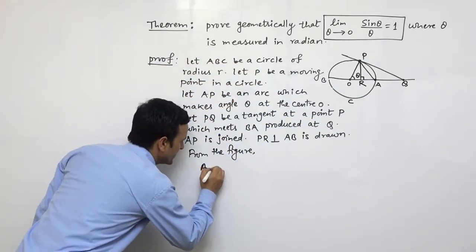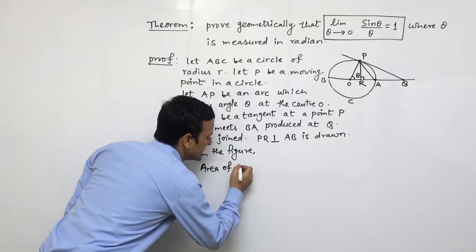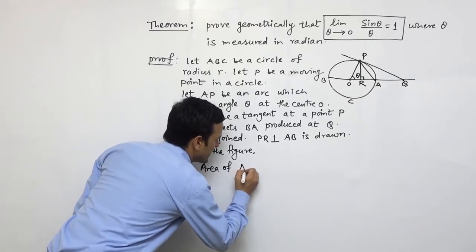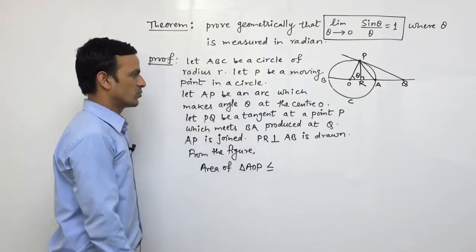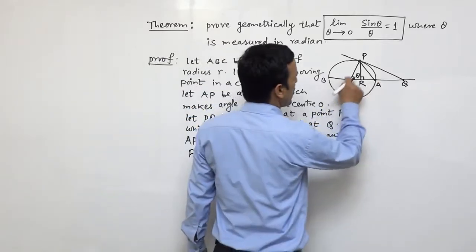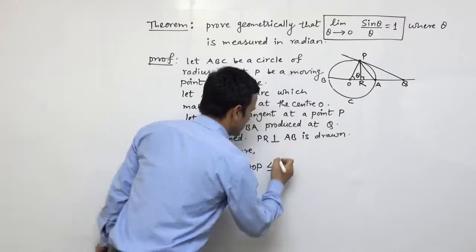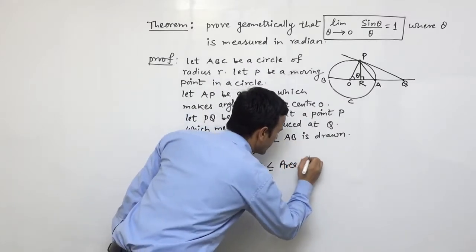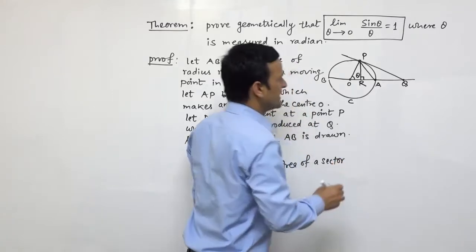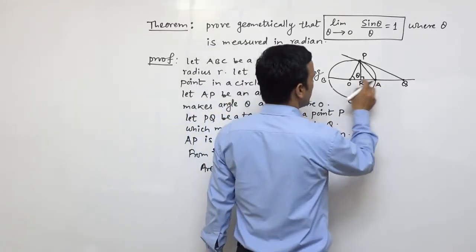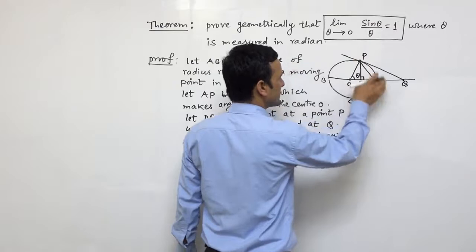So write down area of a triangle. Area of triangle AOP is less or equal to, this is the triangle AOP, and area of a sector. Area of sector, this one AOP is also area of the sector.